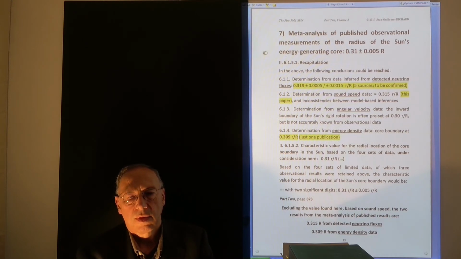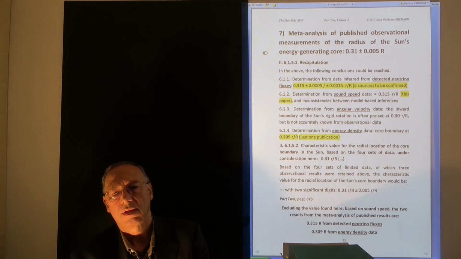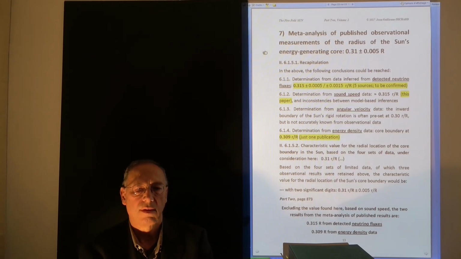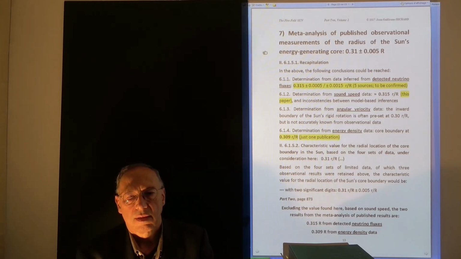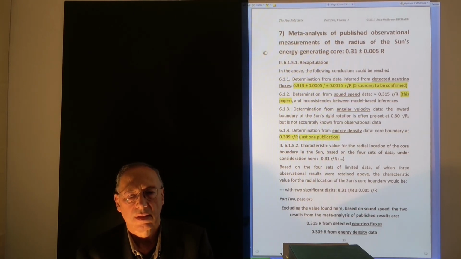In 6.1.4 is found from just one publication that based on energy density data, the core boundary seems to be located at 0.309 radius fraction. Again, this is based on just one publication, and this estimate is my estimate and is only implicit in the data of this author.